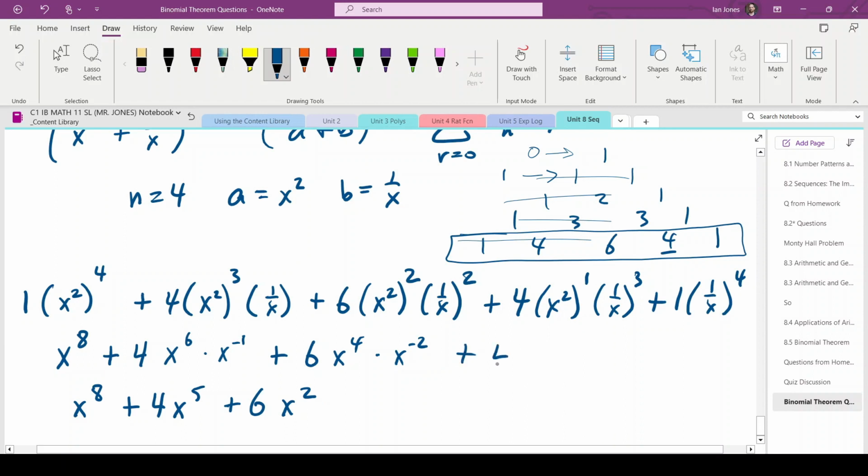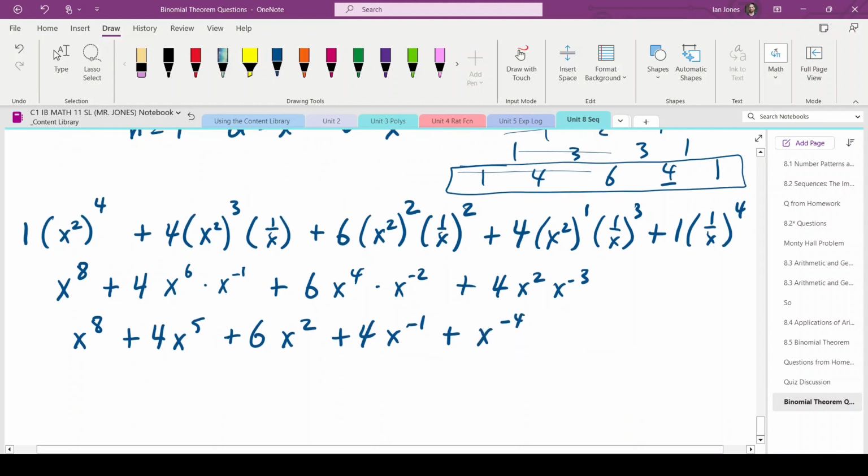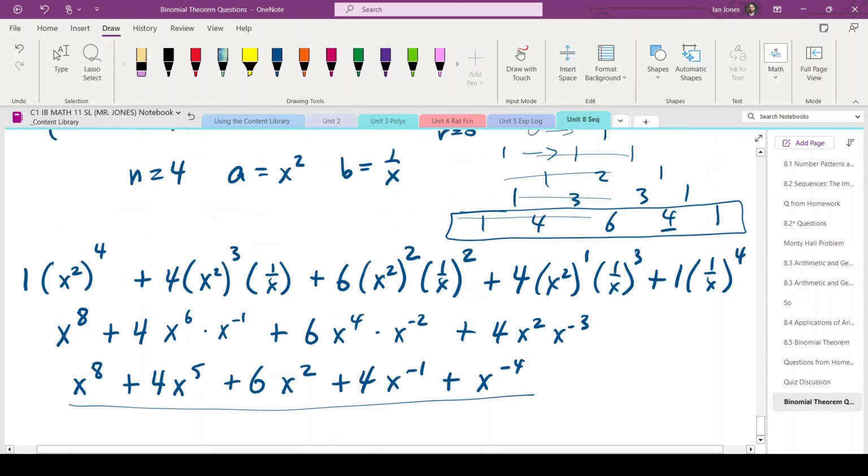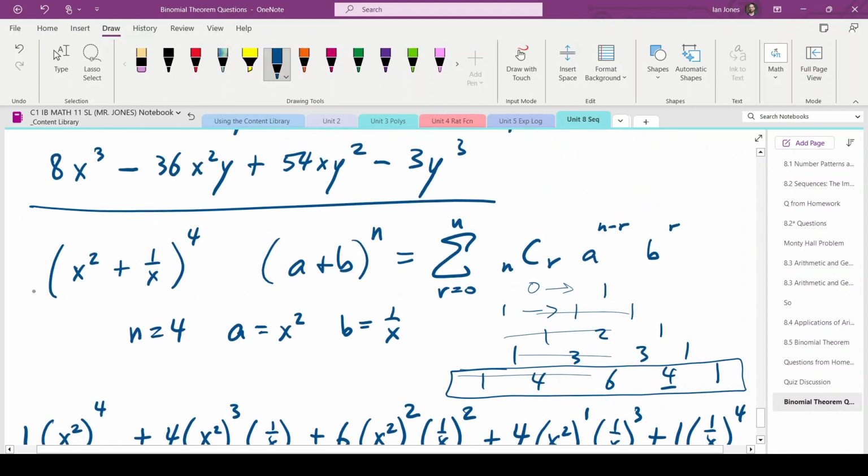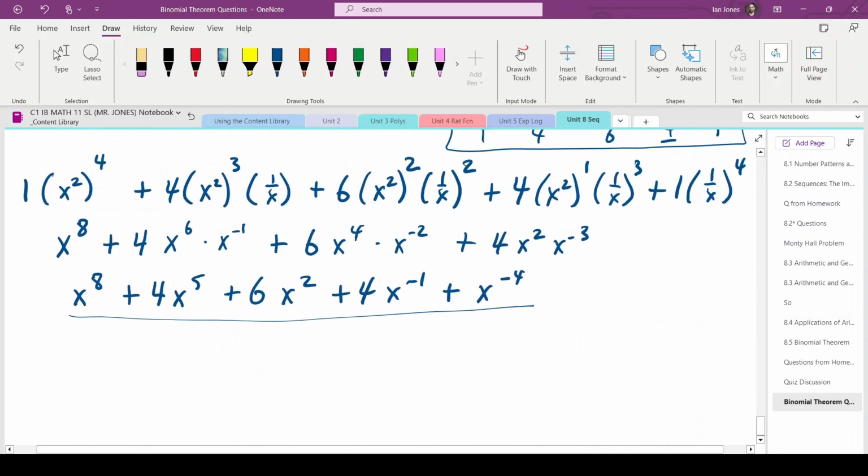Here I have 4 x squared times x to the negative 3, so this is going to be plus 4 x to the negative 1. And lastly, this is x to the negative 4, so I have a last term of x to the negative 4. Okay, so that would be the expansion of this binomial using the binomial expansion formula.